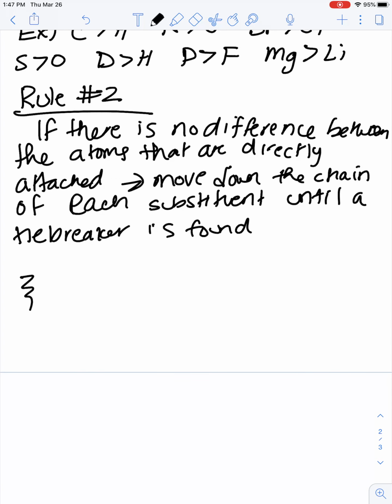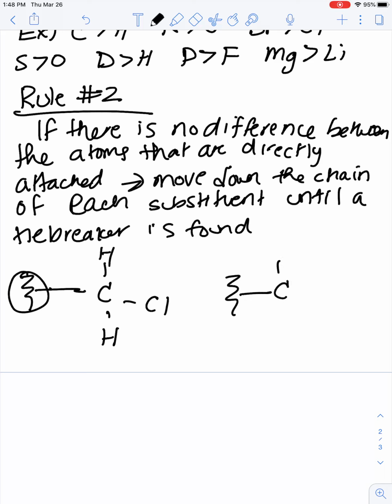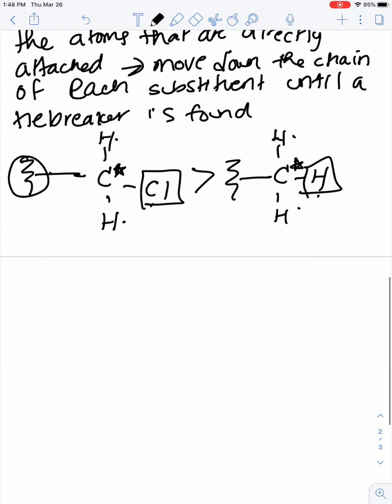If we have some chain that is the same, so this just indicates right here that there's some chain, and then we have this group here versus, again, that same chain attached to this group here. This carbon is attached to 2 hydrogens and a chlorine. This carbon here is attached to 3 hydrogens. So this compound here is going to take priority because of the chlorine versus the hydrogen.